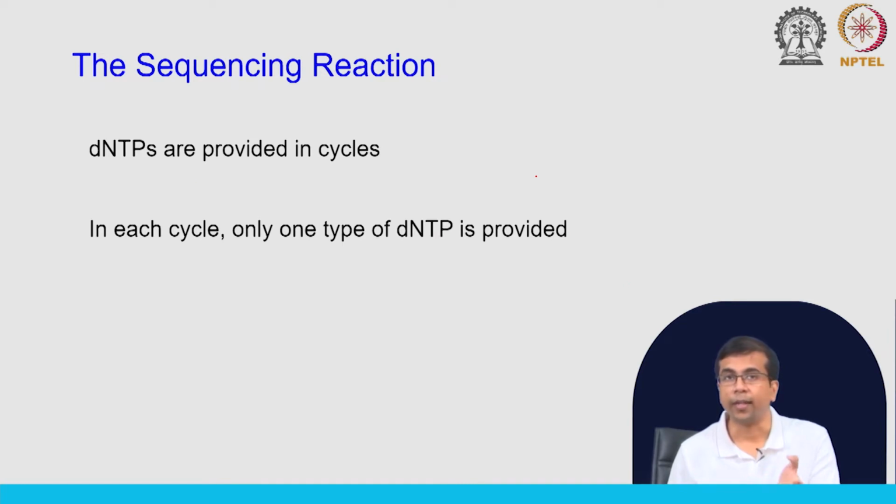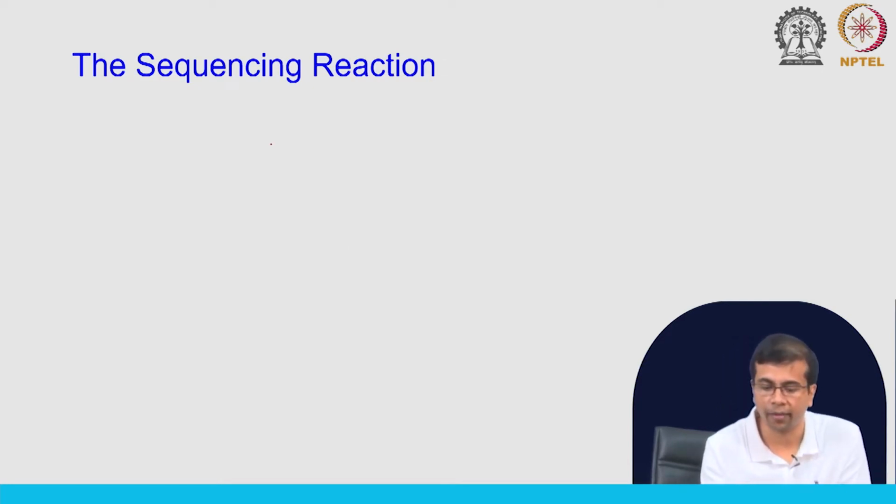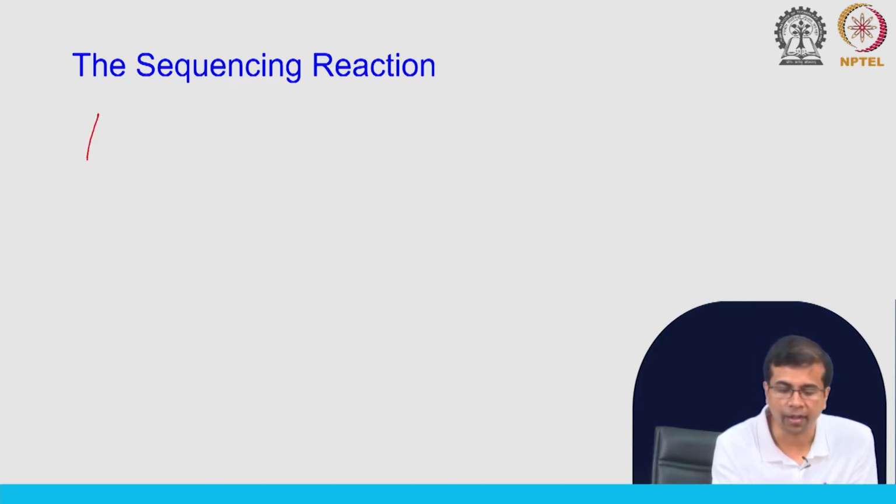So, as I just mentioned, we provide dNTPs in cycles, and in each cycle only one type of dNTP is provided. So, again now let us look at the sequencing reaction. Maybe we can have a better understanding, and let us say we are following this kind of cycle.